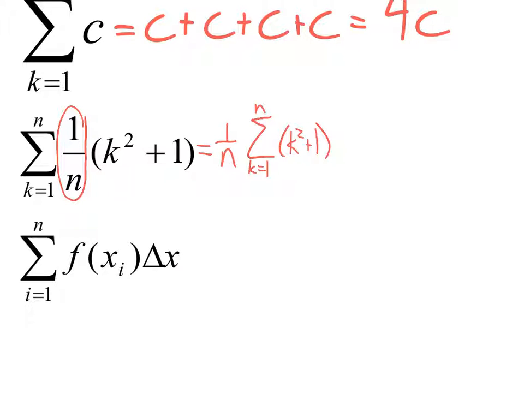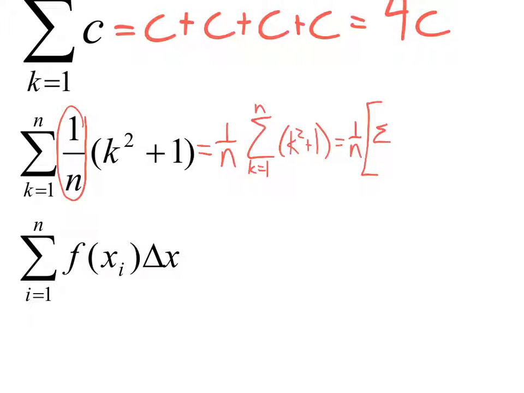Now, at this point, another thing that I could do is I could actually split up that sum, okay? The sum of a sum, I can split it into two different sums. All right, so I'm going to put some brackets here.